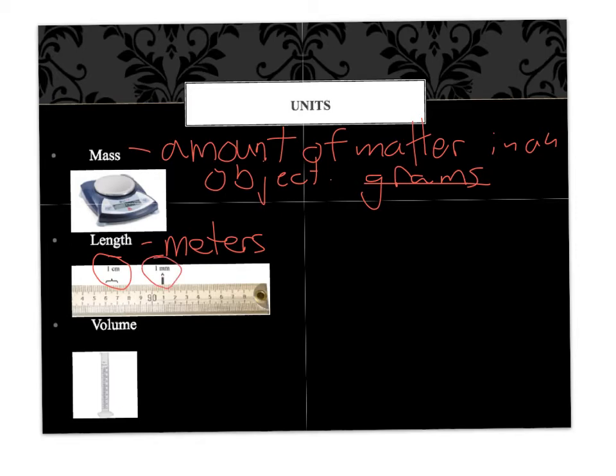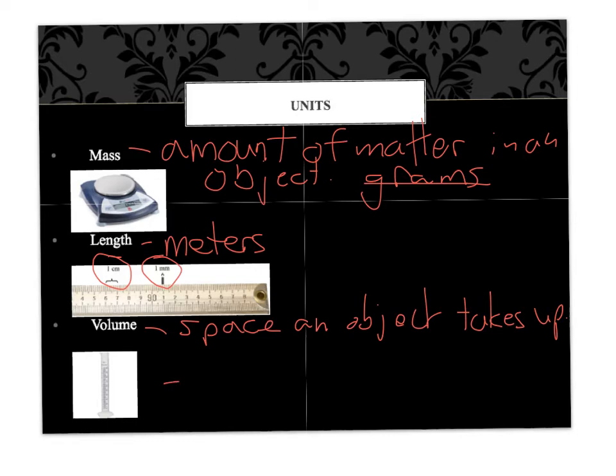Last one we have on here is volume. And volume is this, you guys. It's the space an object takes up. Okay, that's volume, right? And volume, folks, can be measured in a couple of different ways. We can use liters, right?